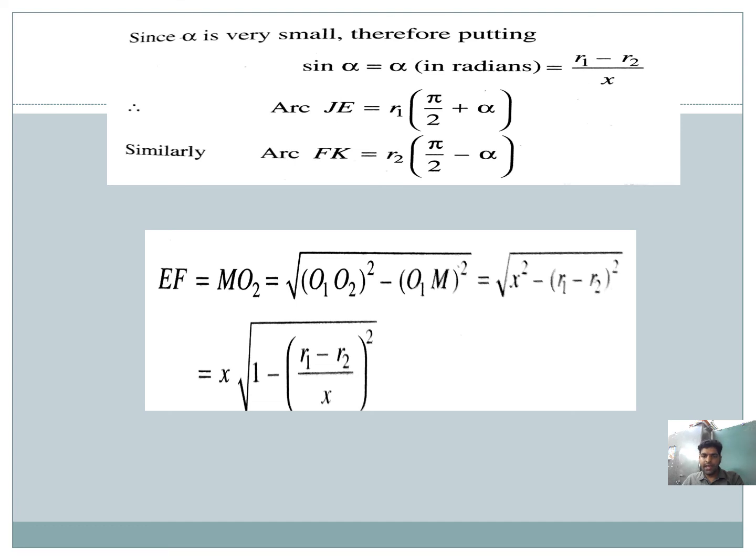So it is root over (x square minus (R1 minus R2) whole square). After that I get the value of EF, which is equal to x root over (1 minus ((R1 minus R2) by x) whole square).